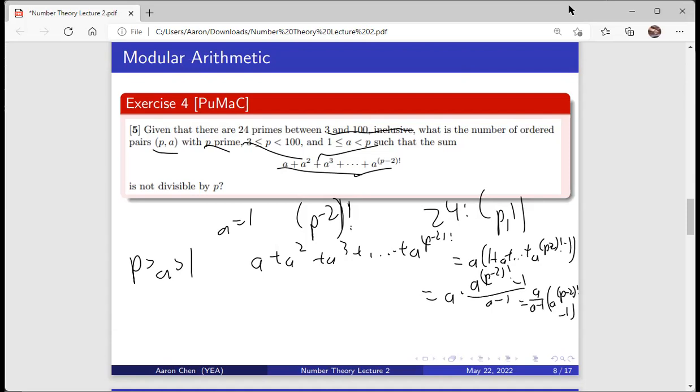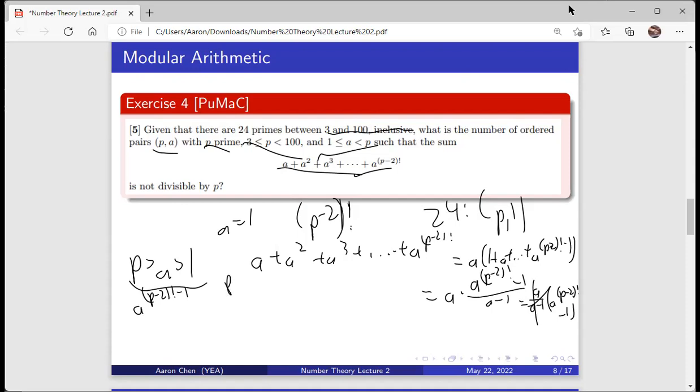And so then we can see that we can actually ignore this term because A is greater than 1 and less than P. So either way, it will not affect whether the sum is divisible by P or not. So we just need to look at A to the power of P minus 2 factorial minus 1.